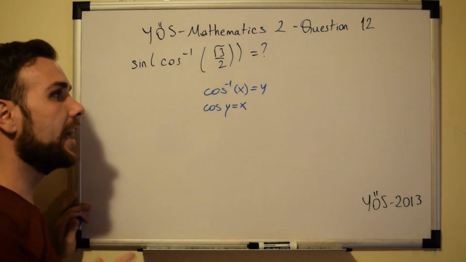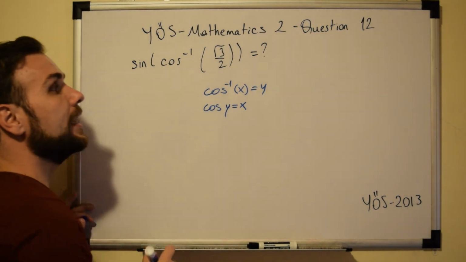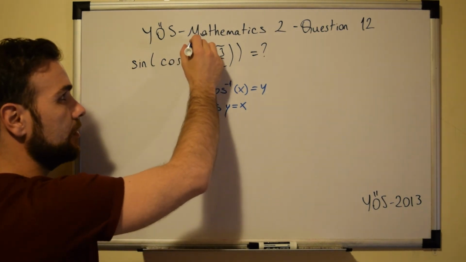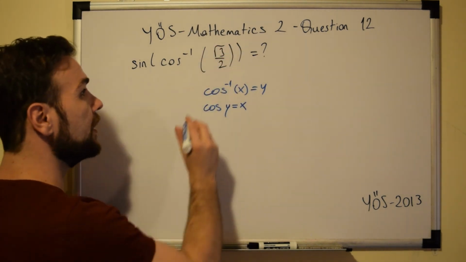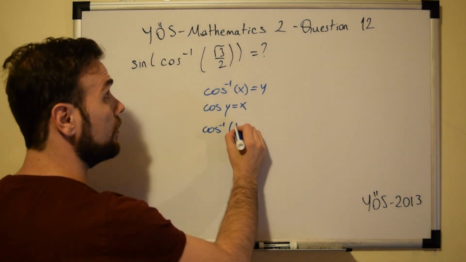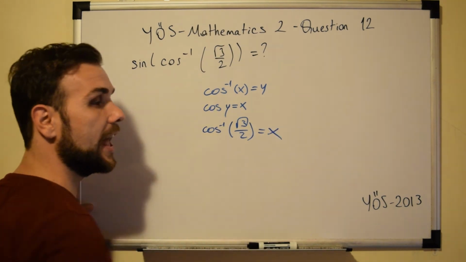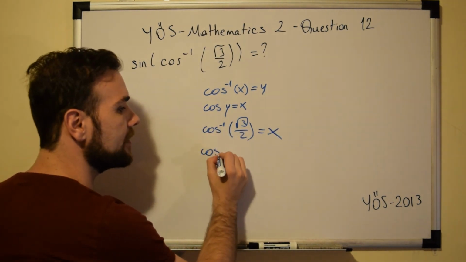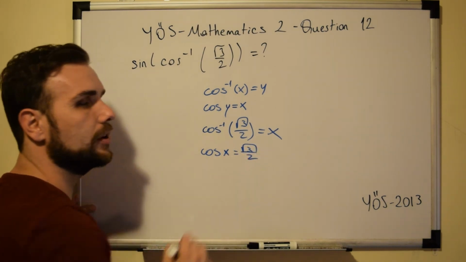Now that we know this logic, this process, this rule, we can easily see what is the cosine to the power of minus 1 of the square root of 3 over 2. If I equal this to x, because we don't know it, we know that cosine of x is equal to the square root of 3 over 2.